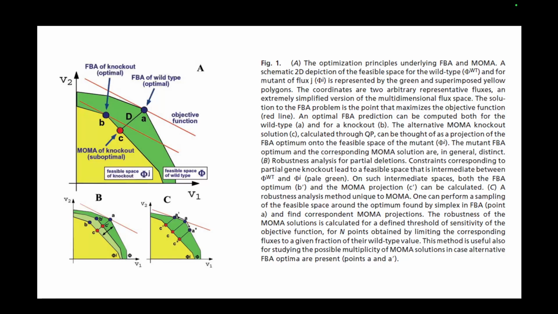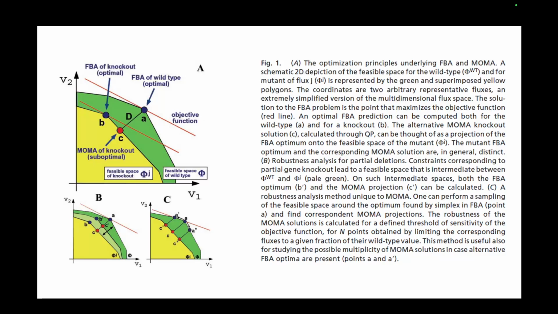Now if you consider MoMA, it is not looking for anything more, but is trying to minimize the distance between the wild type and the knockout. So this is the lowest distance between the wild type and the knockout. MoMA will give this as an output compared to FBA, which is giving it here. So this is a good example of how the results differ in terms of solution spaces.